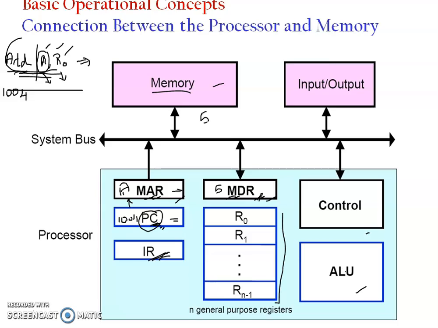The ALU later performs the arithmetic operation on the content stored in MDR and the register R0. In between, one more step is done: the MDR is a temporary storage, so the value stored in MDR will be moved to another register called the accumulator, AC.